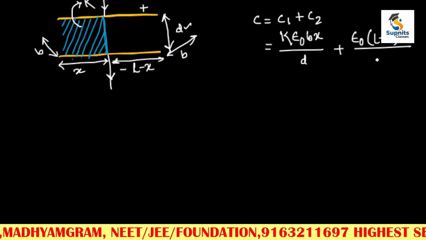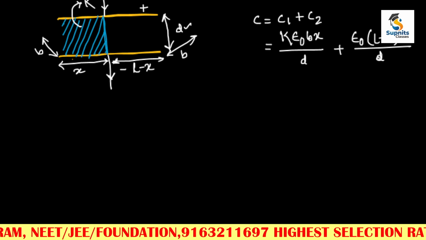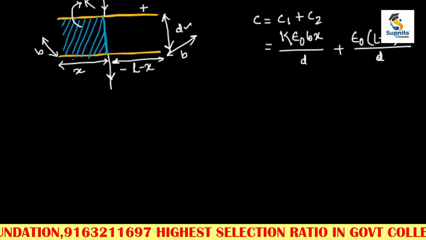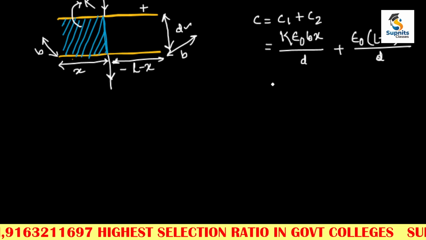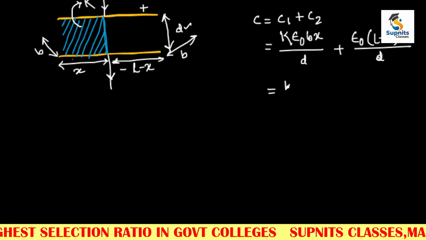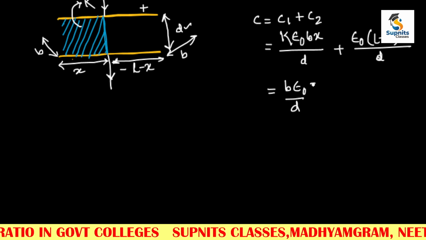If you notice, the width is the same, so I write d. Okay, so now what I'll do is I'll take something common. So from here I can take b epsilon naught by d as common.